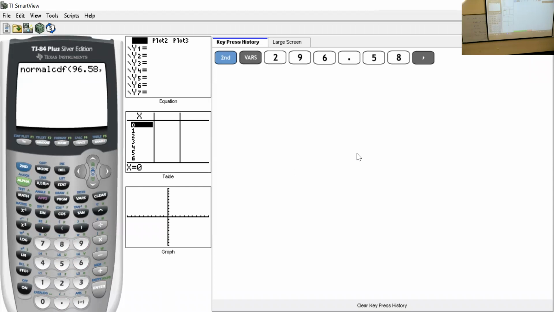Some professors might say pick a large number. I say, why don't you simply pick infinity, right? The calculator has bounds, so in the calculator, infinity corresponds to E99. So press the second button, the blue button, comma, you get E, simply put 99. That would mean positive infinity.